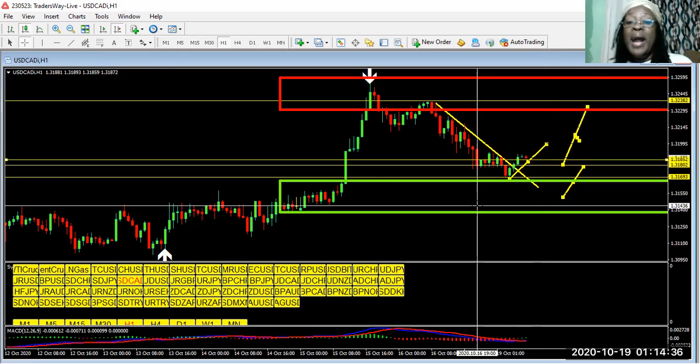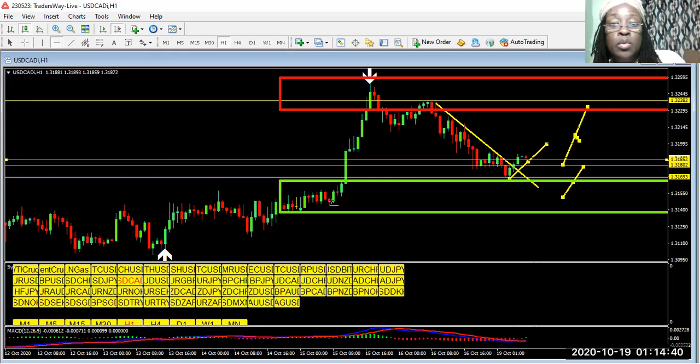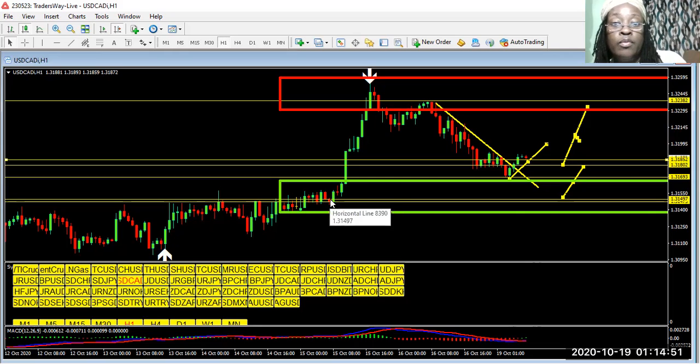Now we're looking for buys. So my buy limit would be right here. I'm looking for engulfing candles, bullish engulfing in particular. Right here is where I will put a buy limit. This is where I expect the price to push out once it gets to this area.